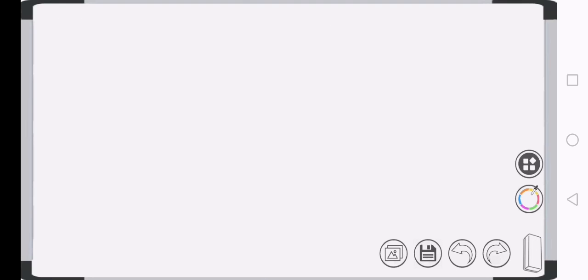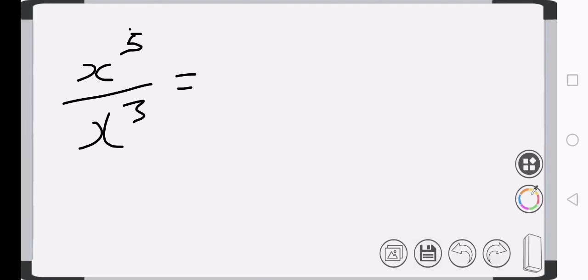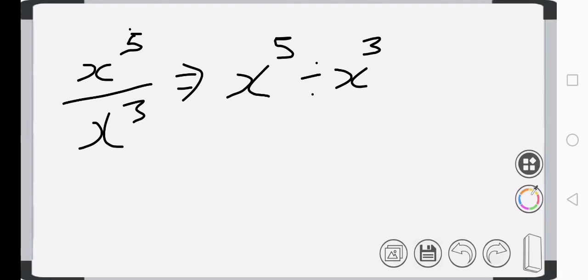Take for instance, you've got x to the power 5 over x to the power 3. This is the same as x to the power 5 divided by x to the power 3. Now, how do you answer this? We talked about subtraction of powers if the bases are the same.